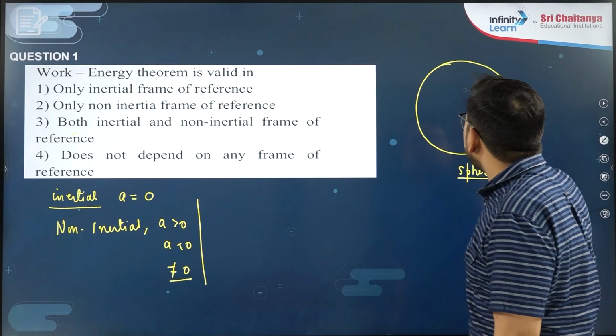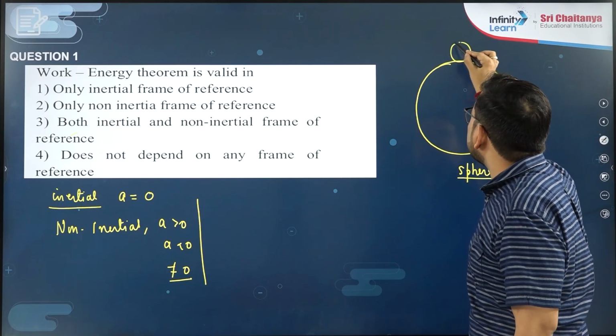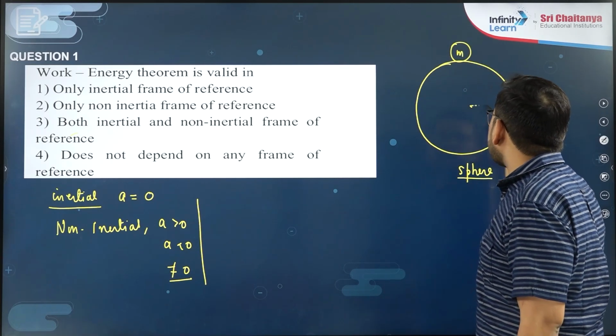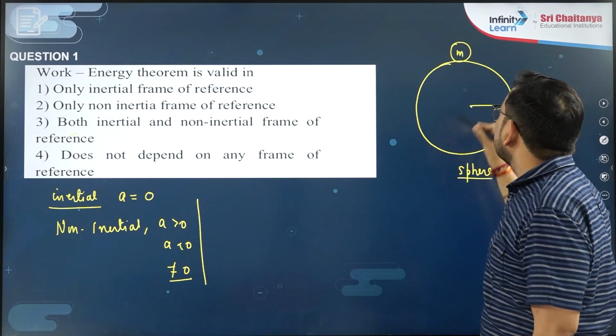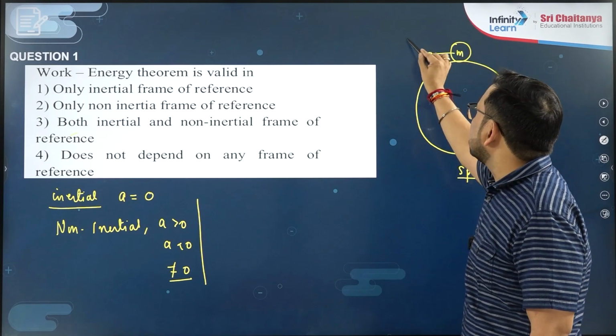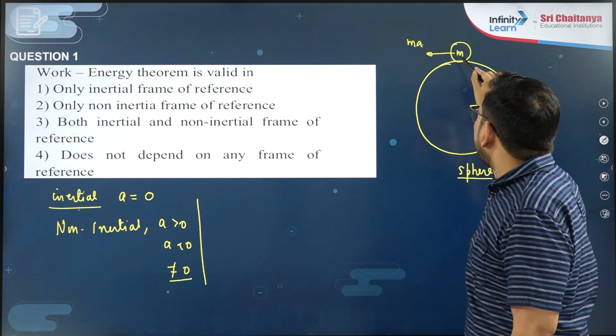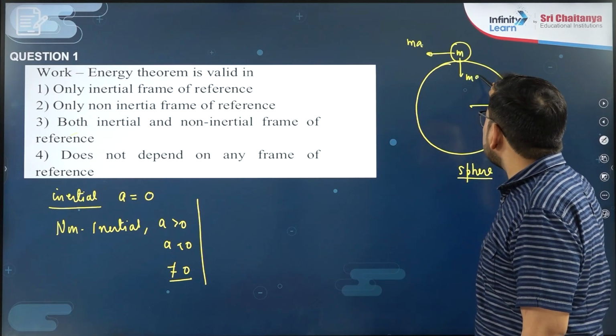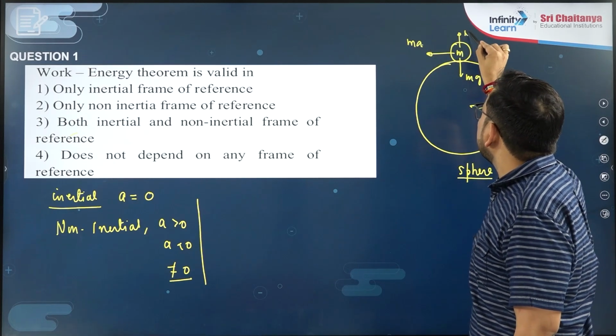This is a sphere. On this sphere there is a particle of mass m, and this sphere is accelerating. Obviously it will experience a pseudo force, ma. Apart from the pseudo force, there is gravity and there is a normal.